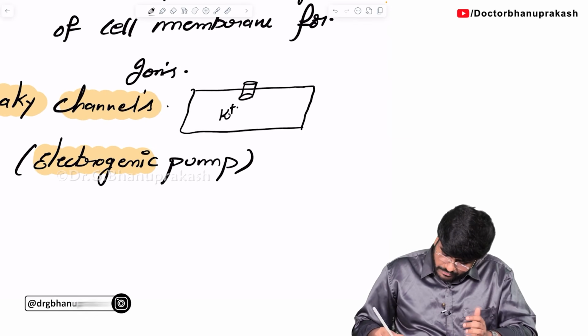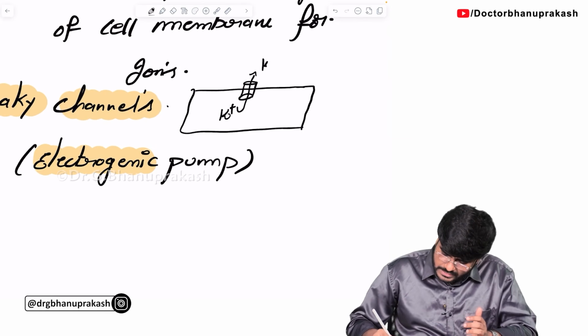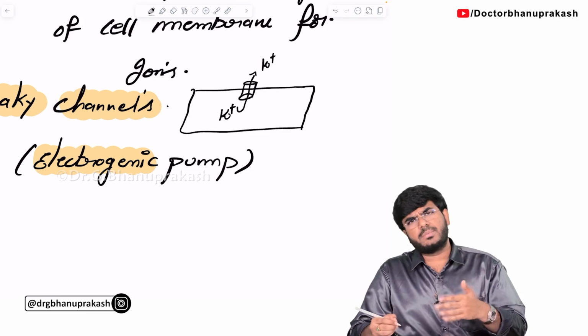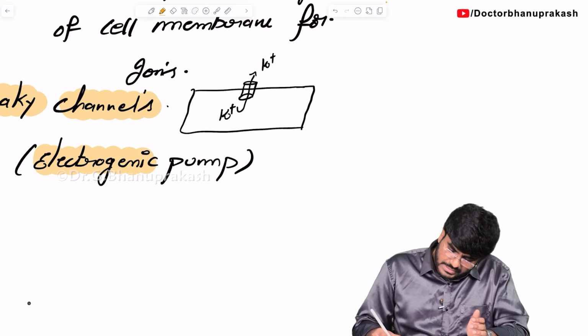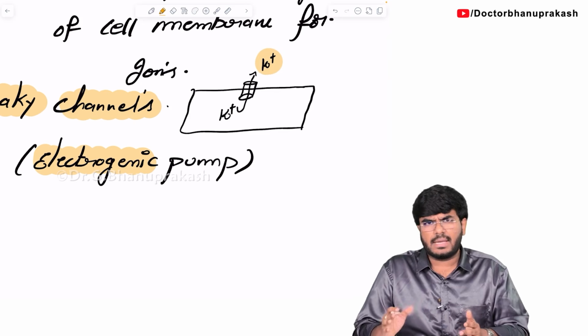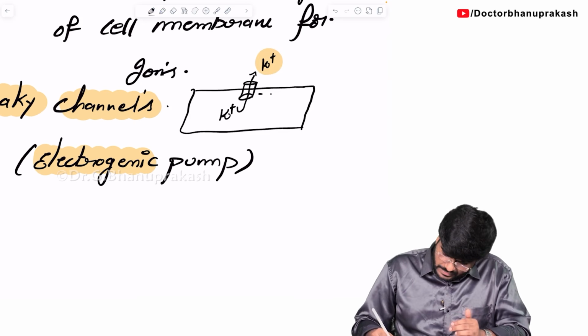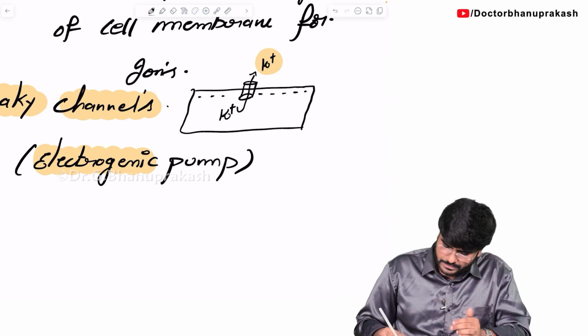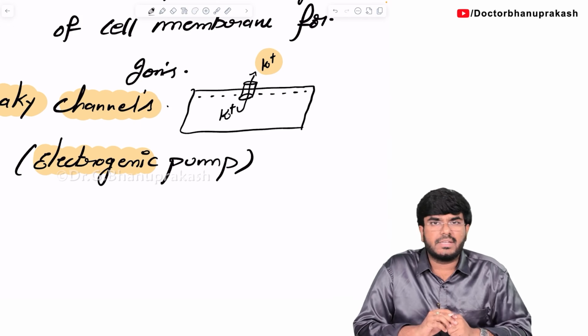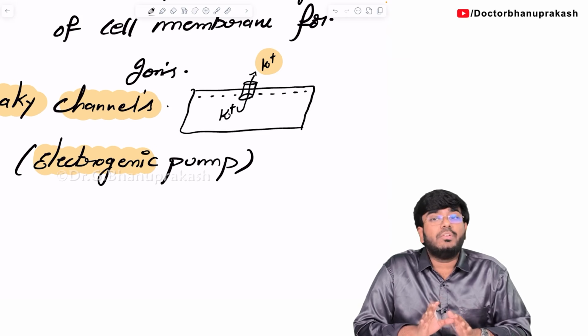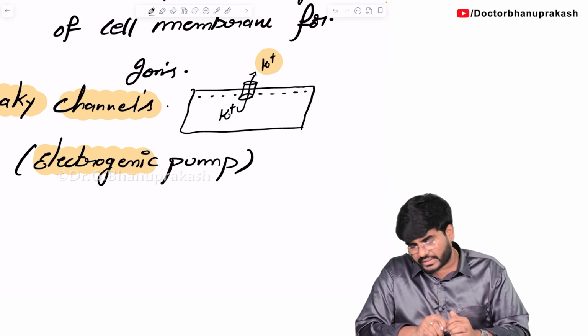So potassium from high concentration is always going out, 24/7, and as the positive charges go out of the cell, that causes negativity inside the cell. So potassium efflux is the major contributor to the development of the resting membrane potential.